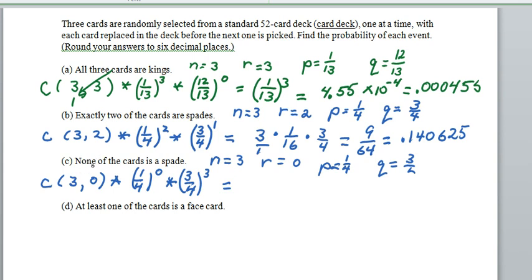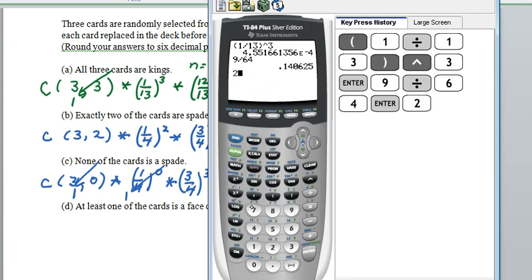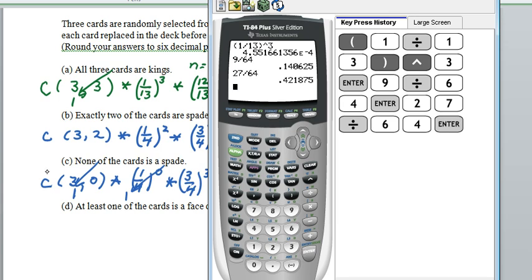The C(3,0) is 1. 1/4 to the 0 is 1. So we get 27 over 64. 0.421875.